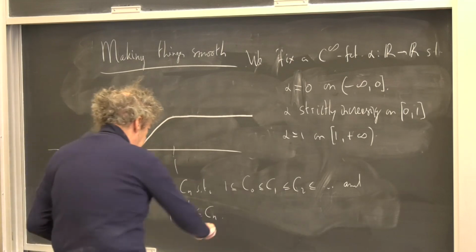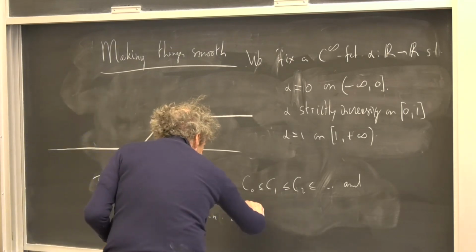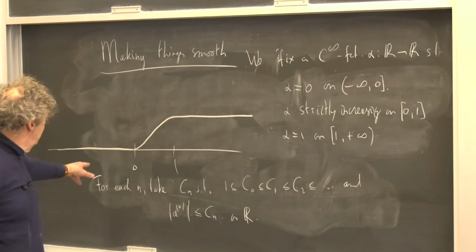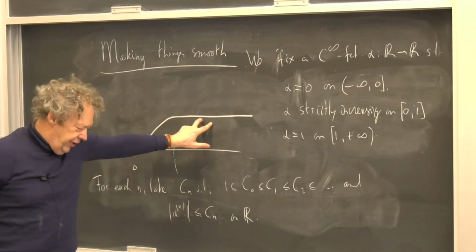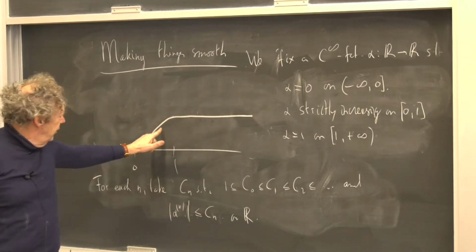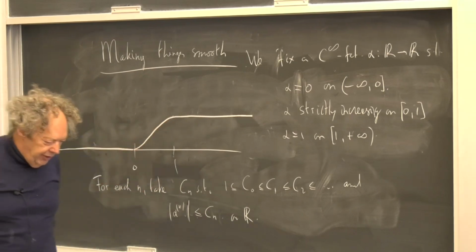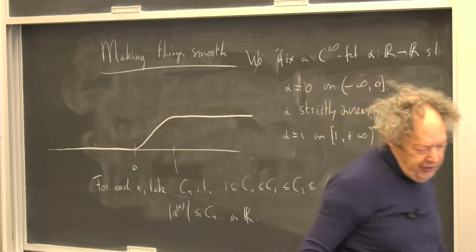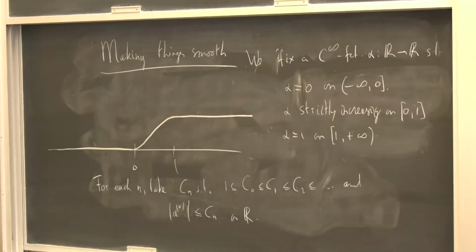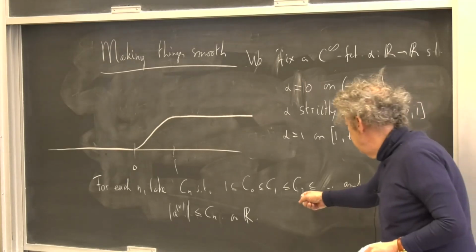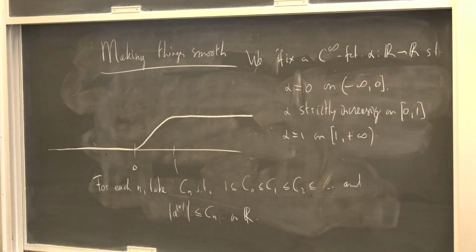Of course, the nth derivative of alpha is 0 outside, so it's only relevant what happens between 0 and 1, and by compactness there is such a bound.